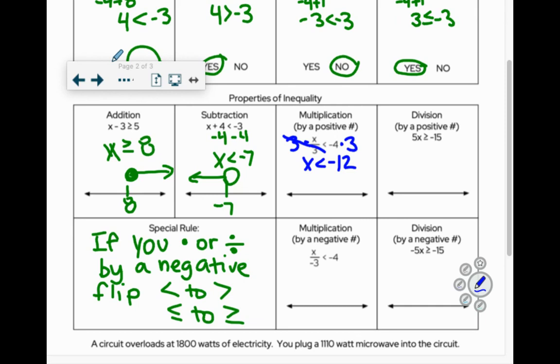And it can still go to the right like it's supposed to. But down here, I'm dividing by negative 5. So I have to switch it to less than or equal to. Okay.